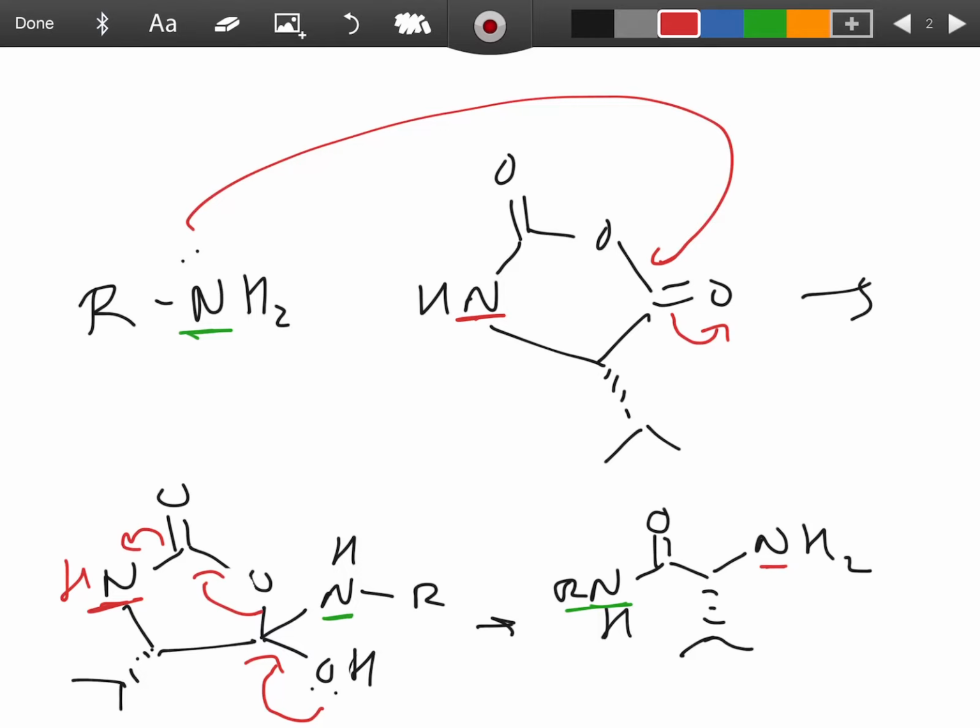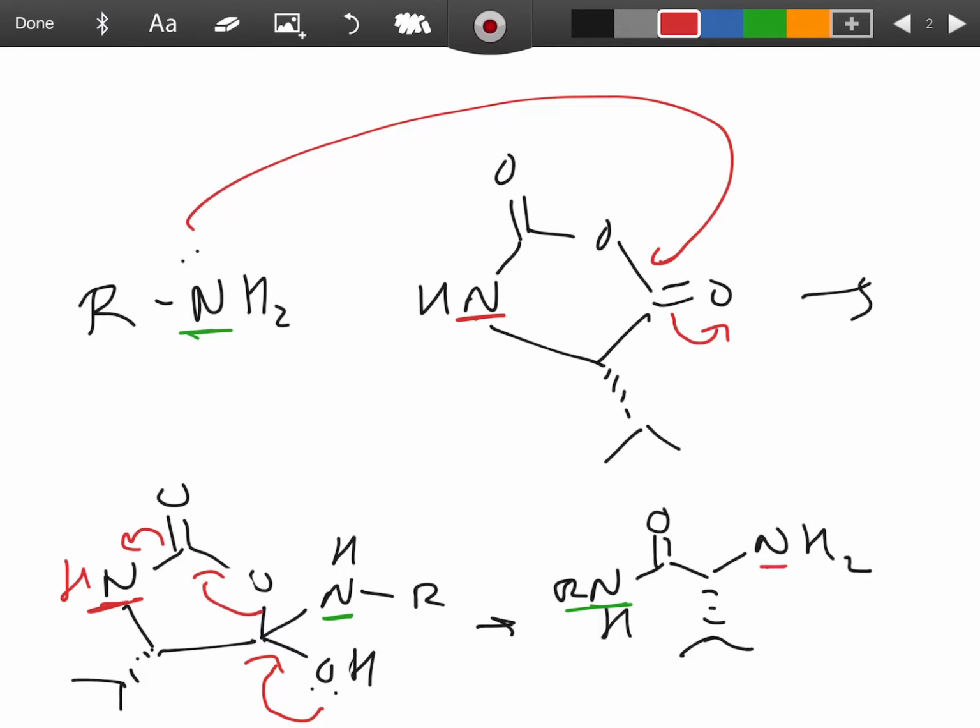Let's go back. So there we go. You added your amine to this. This opened. This is an isocyanate, OCN. And so here's the O, here's the C, here's the N from that reagent right here. So the nitrogen that you made when you opened this is right here.